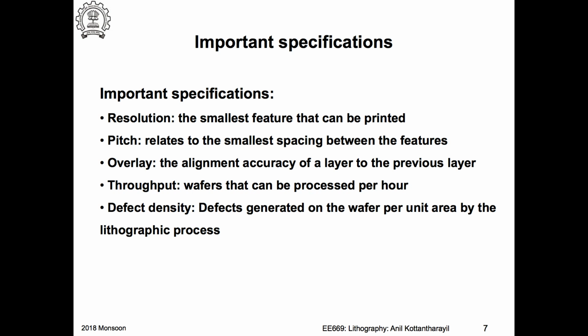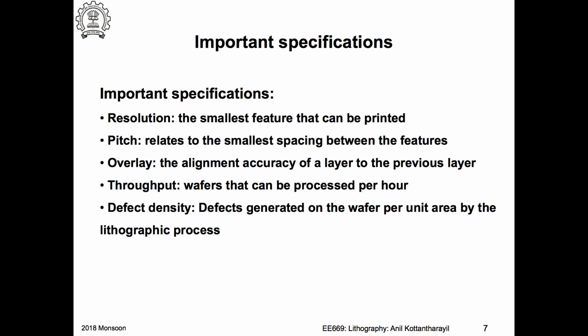So basically, we'll see in this module what the important parameters are, and what the characteristics of photoresist are. We'll not go into a lot of photochemistry. If you're interested, you can look at Plummer's book, VLSI technology.